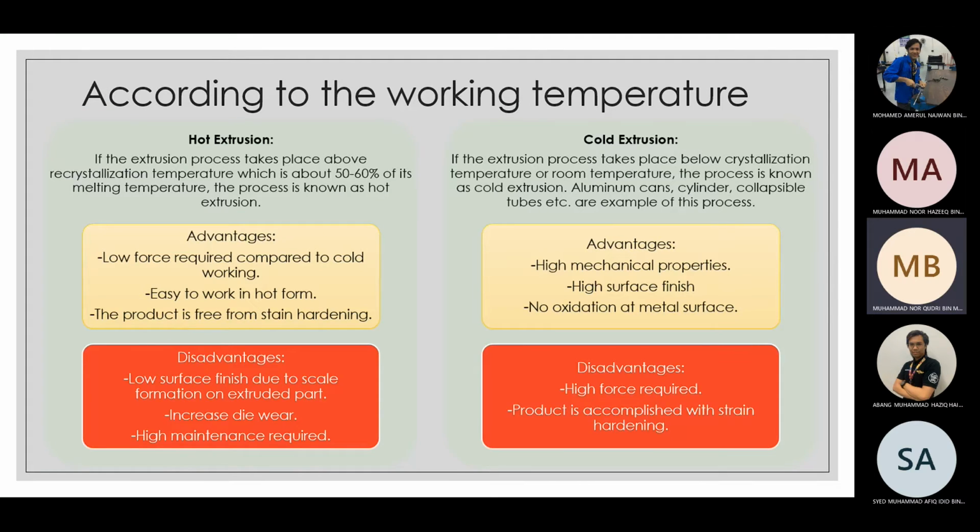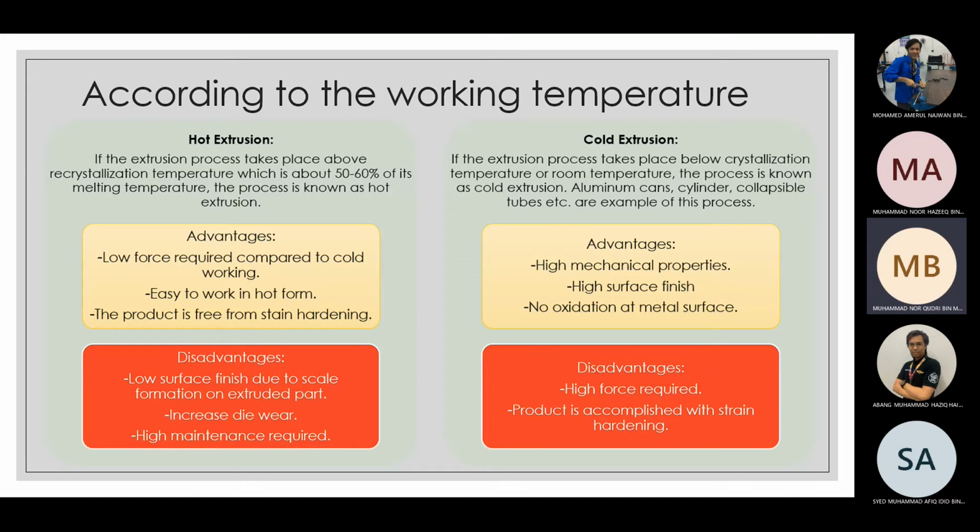Now we are going to talk about the types of extrusion according to the working temperature. The first one is hot extrusion. If the extrusion process takes place above the recrystallization temperature, which is about 50 to 60% of its melting temperature, the process is known as hot extrusion.